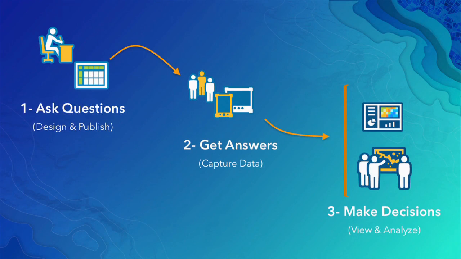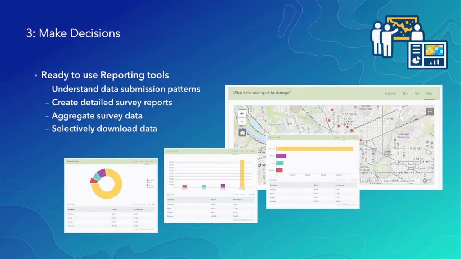So we've collected data. We're now ready to make our decisions. Survey123's website has a series of initial analytic capabilities. For each of your questions, you can get a chart or map rendering of the answers. We can also share this report with other people.